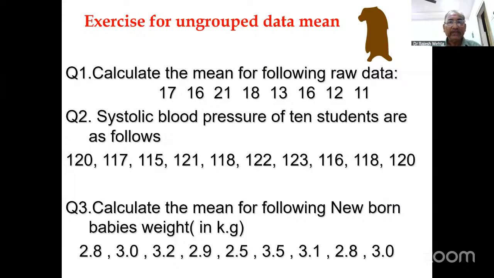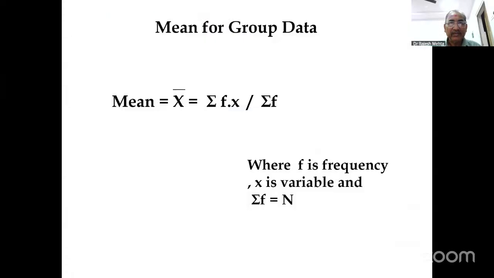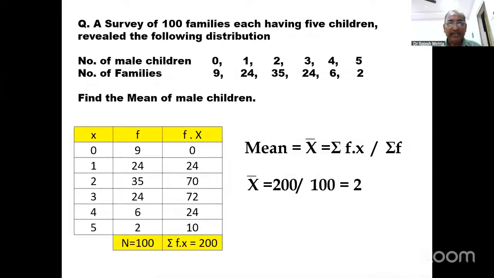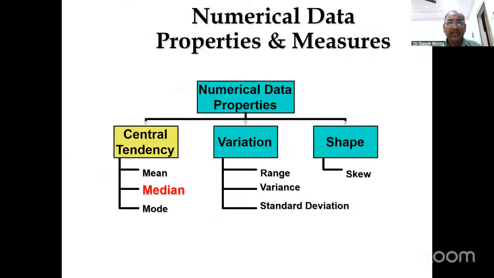These slides will be given to you, and you can try to find out if you are beginners. For grouped data also we have a method, which usually you don't require because now Epi Info is there. Right?